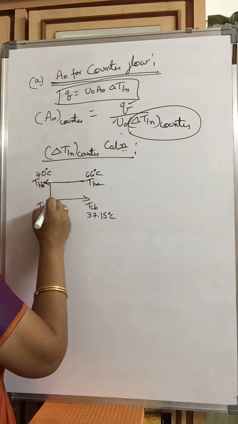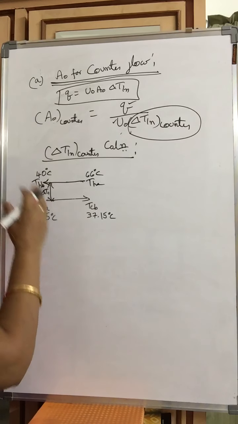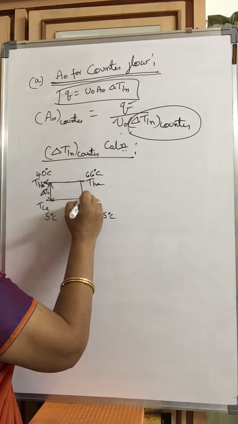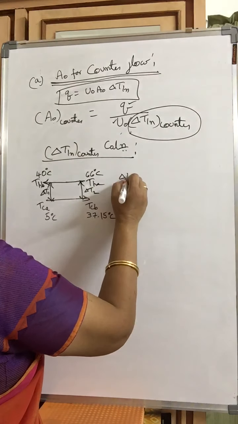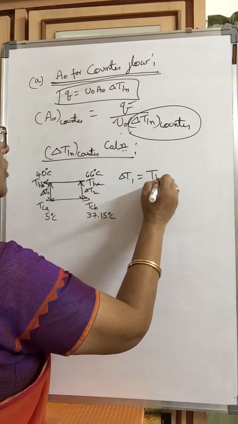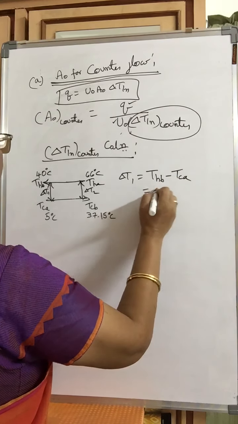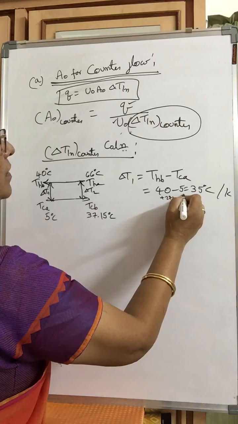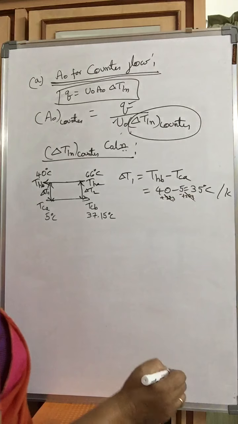Okay. So delta T1 is always at the entrance, whether counter flow or parallel flow, and delta T2 is always at the exit. So delta T1 equal to THB minus TCA, that is 40 minus 5, that is 35 degrees centigrade, or Kelvin, both same value, because you are adding 273 and subtracting 273, plus into minus, minus it becomes cancelled.